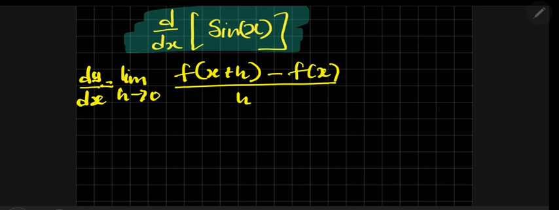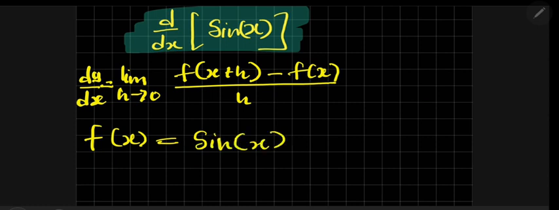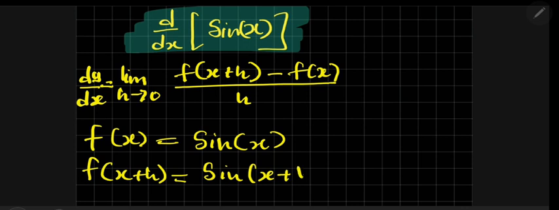Now we need to replace f of x plus h and f of x with the function that we're differentiating. So you must know that f of x is equal to sine x, and f of x plus h is equal to sine of x plus h.